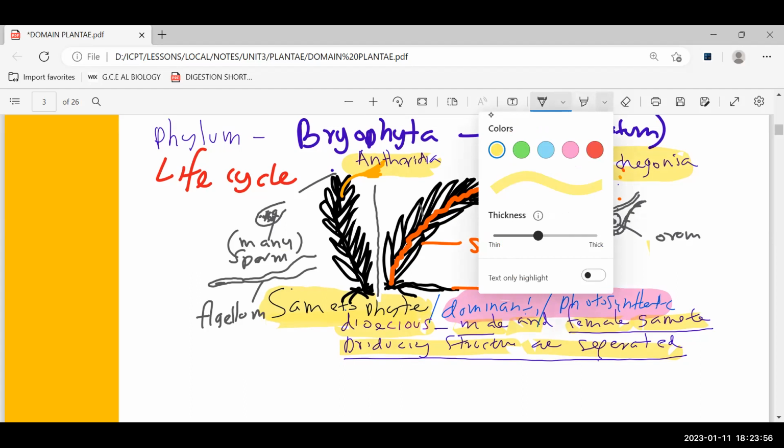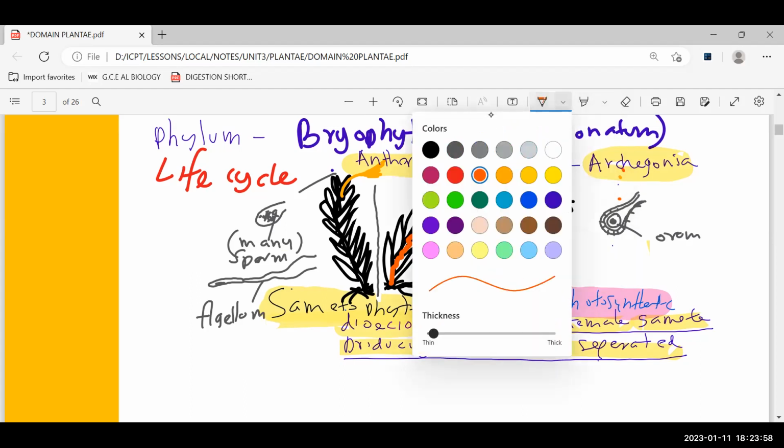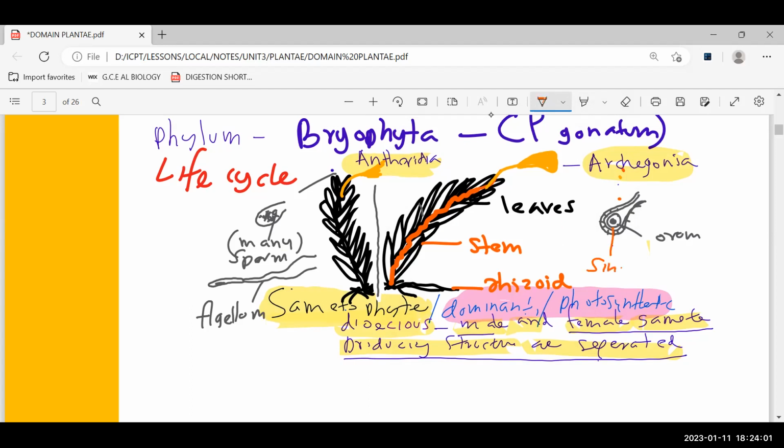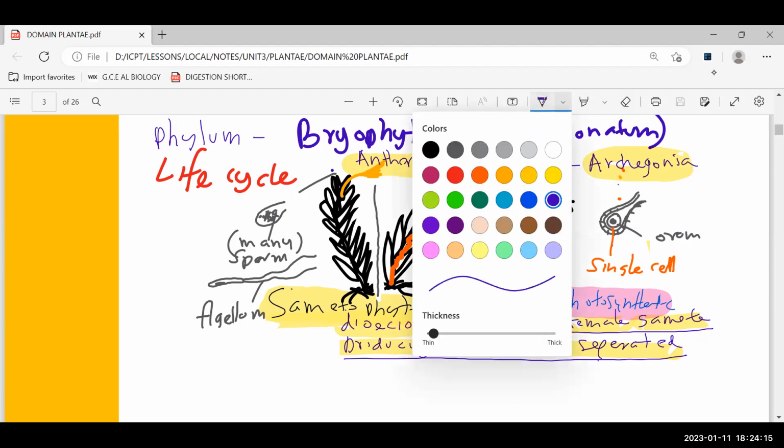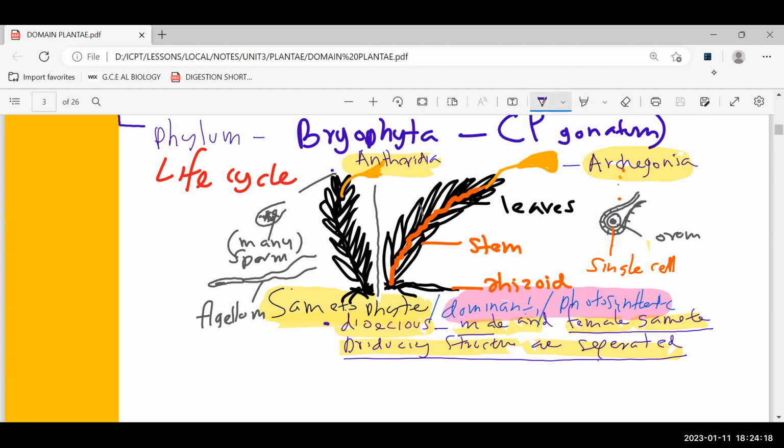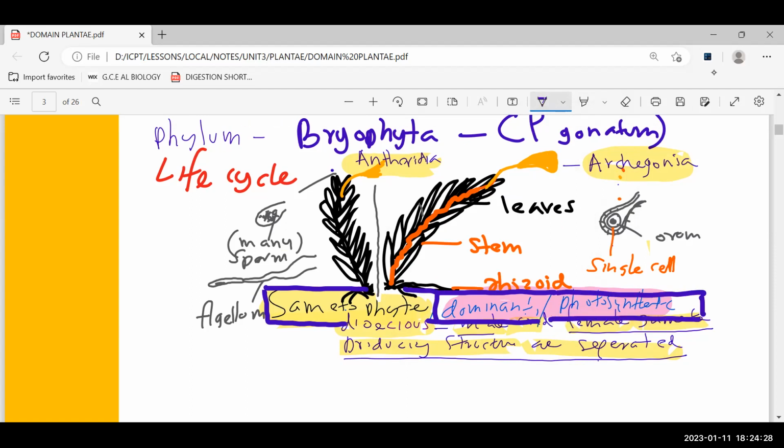Like this, I think we are ending our time. This is a single cell. So I save this one, and still I would like to say this is the gametophyte stage. The gametophyte stage is dominant and photosynthetic, and it has gametangia.